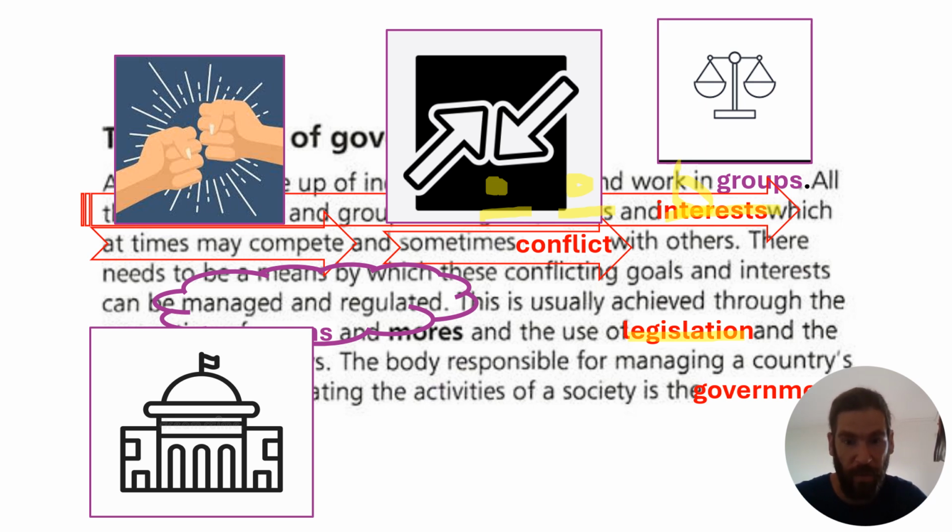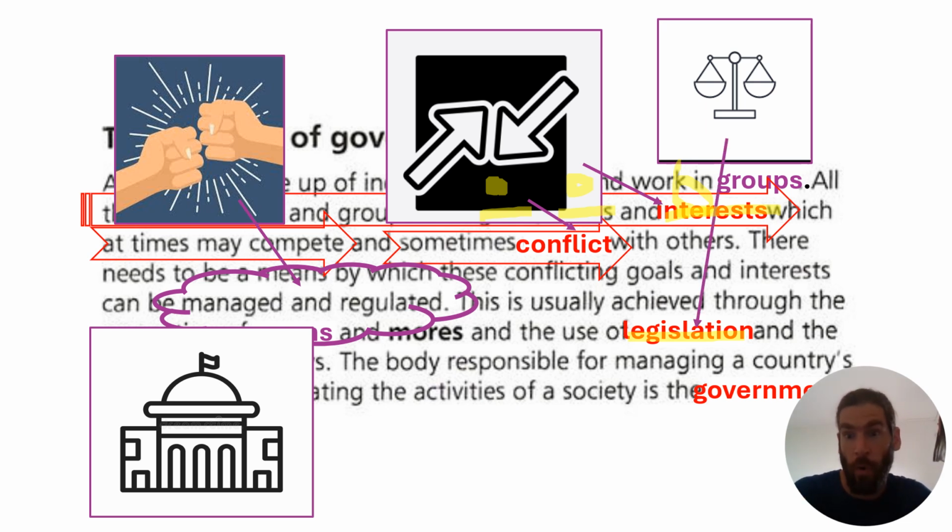That is the government. So we've seen sometimes our interests collide, conflict with each other. The things we want don't always go well together. That's why our interests need to be regulated and managed.